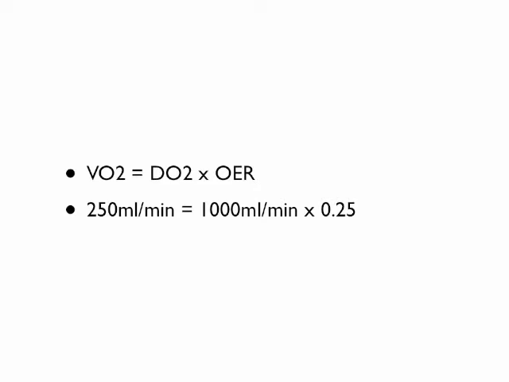So the oxygen consumption is related to the oxygen delivery by the oxygen extraction ratio. If the oxygen delivery is 1,000 mils per minute and the oxygen extraction ratio is 1/4, then the oxygen consumption must be 250 mils a minute.